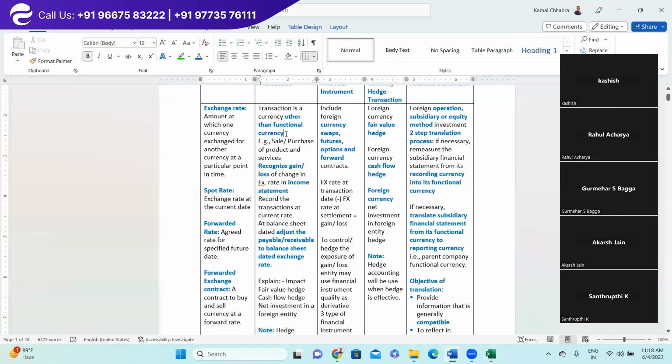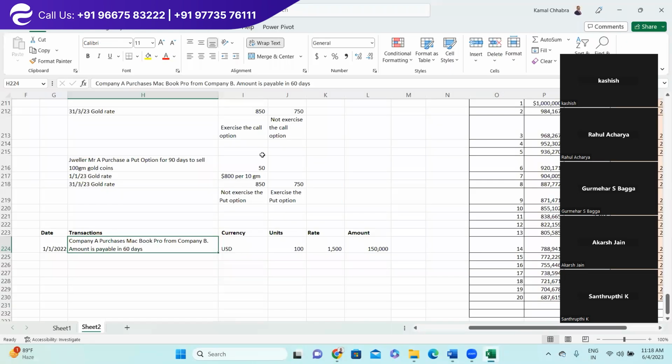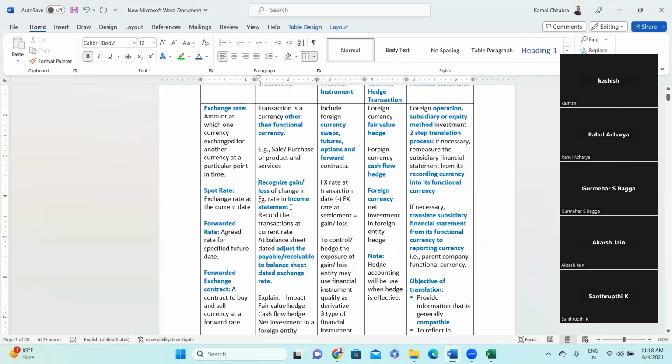Let's assume company A is purchasing a MacBook Pro from company B. Recognize the gain and loss on the exchange in the statement. Record the transaction at the current rate, and at the balance sheet date, make the adjustment.